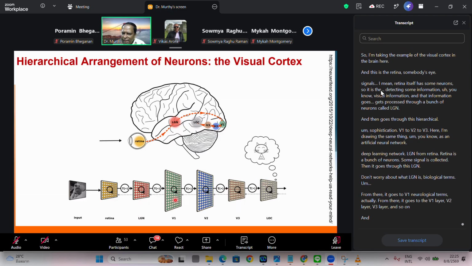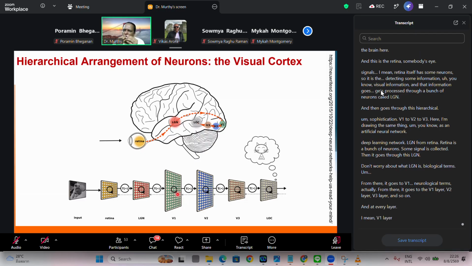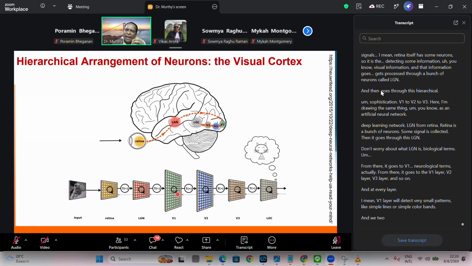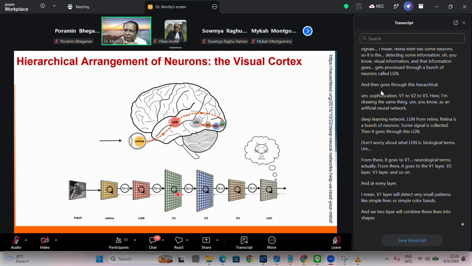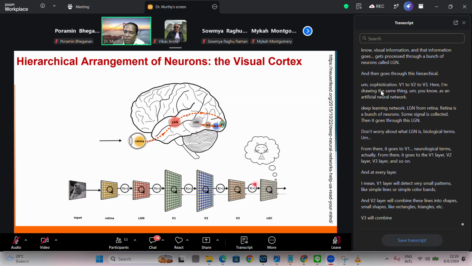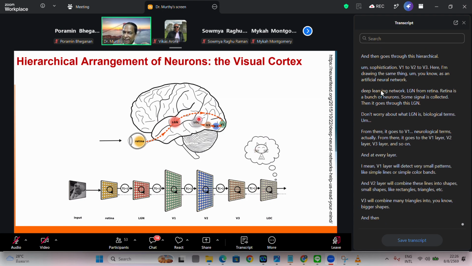And at every layer, the V1 layer will detect very small patterns, like simple lines or simple color bands. And the V2 layer will combine these lines into small shapes like rectangles, triangles, etc. V3 will combine many triangles into bigger shapes. And then there is a detector, LOC, that says, oh, this is a cat.